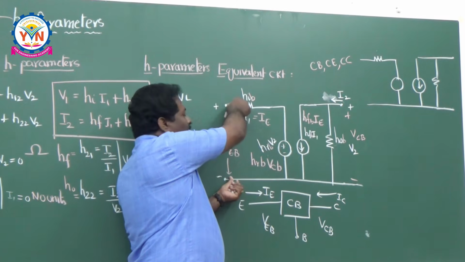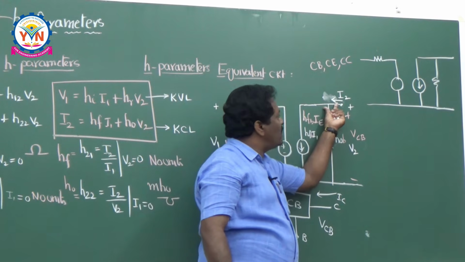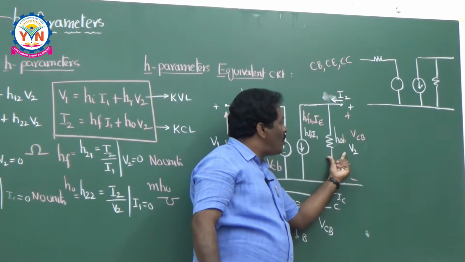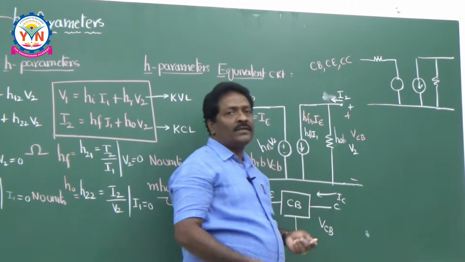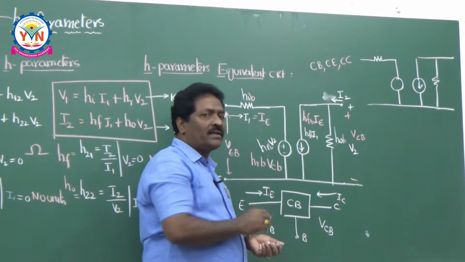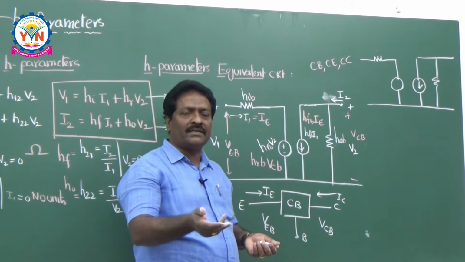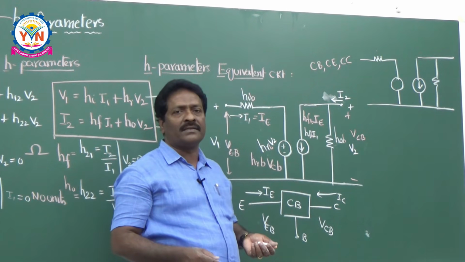This is VBE and the input current is IB. The output current is IC and the output voltage is VCE. Like that you can convert your generalized configuration to any configuration. So it is a generalized network. It can be utilized for any type of configuration.